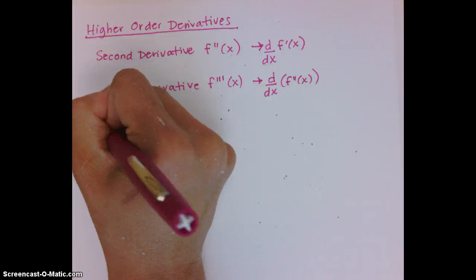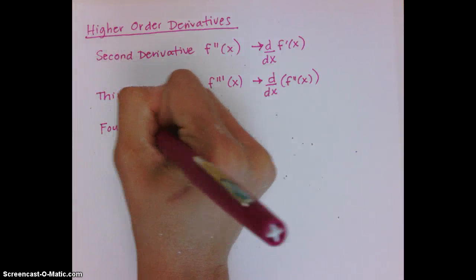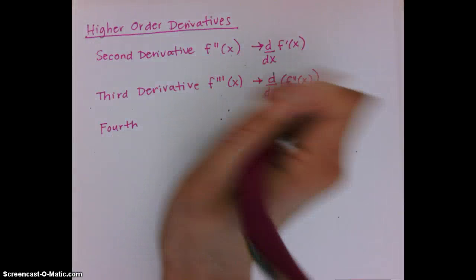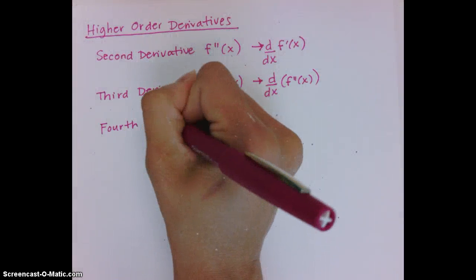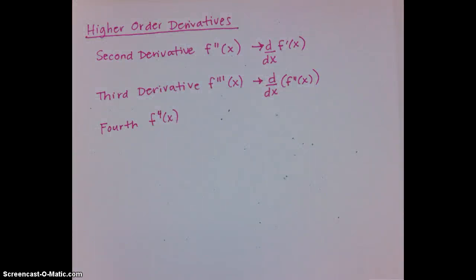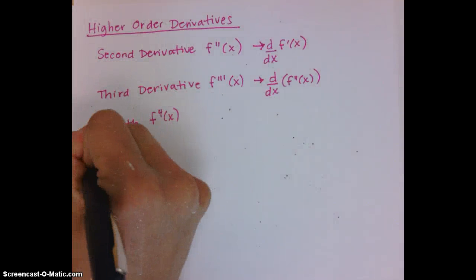Now I'm not going to do any more of these, but I just wanted you to know that after we start to get up higher than 3, you might see notation that looks like this. F to the fourth of x, meaning the fourth derivative. It happens rarely, but you might see it. All right, let's take a look at a couple of examples of finding higher order derivatives.